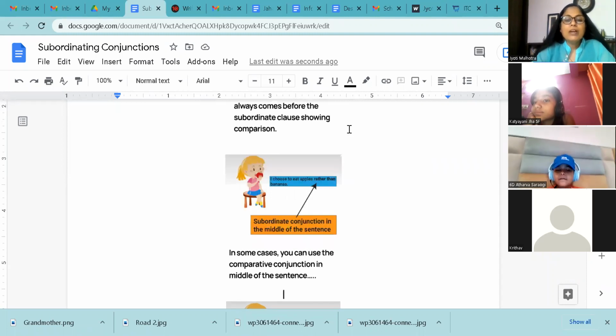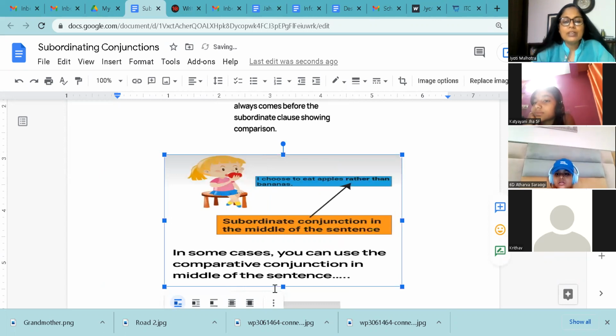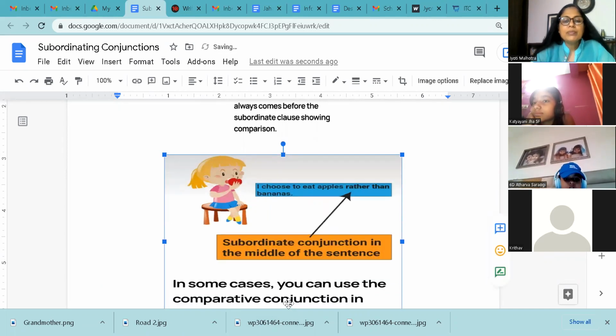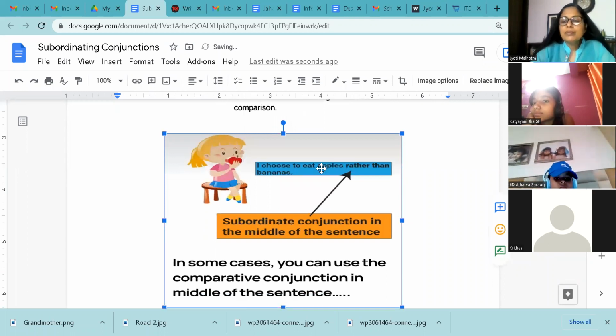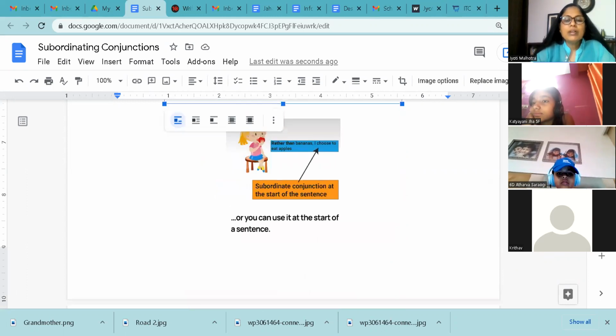Okay, Atharva will read the slide now. Yes, Atharva, read. I choose to eat apples rather than bananas. So the subordinating conjunction is in the middle of the sentence.